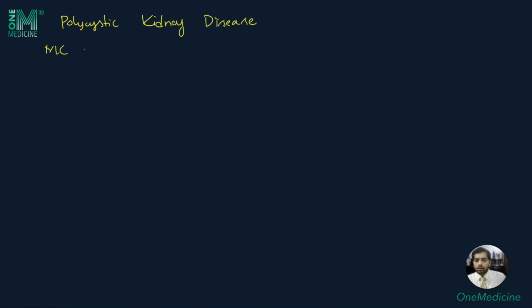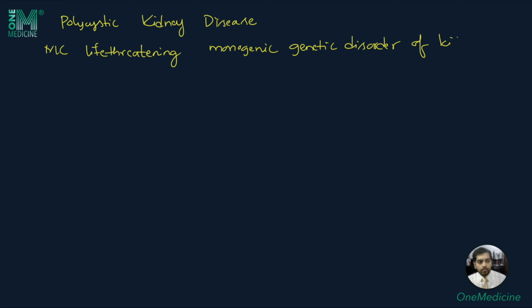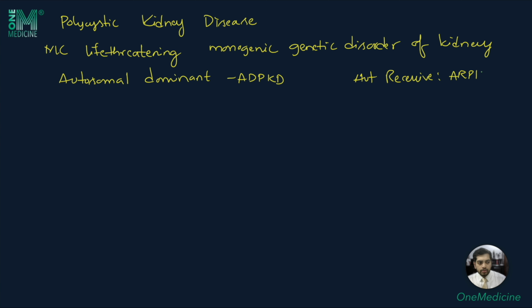The next topic is polycystic kidney disease. It is the most common life-threatening monogenic genetic disorder of the kidney. There is an autosomal dominant form called ADPKD and an autosomal recessive form, that is ARPKD.